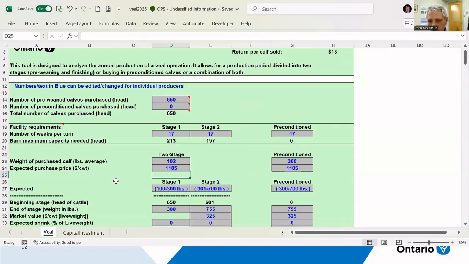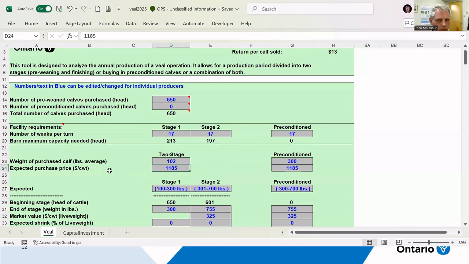Some of the other things that I just wanted to talk about here was looking at what factors have some of the biggest impacts on the economics of veal and on my cost of production for veal. So if I start looking at, okay, what about a 10% change in a factor?